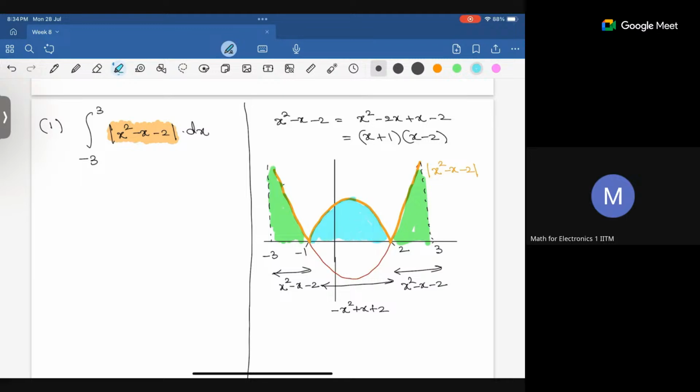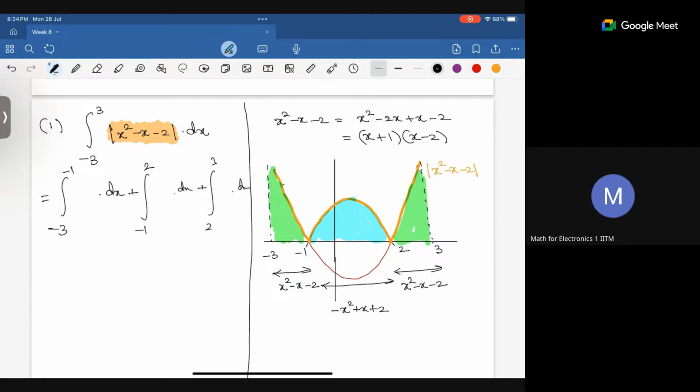And then I will just add all three areas. So that is the plan. Firstly, I will split this integral into -3 to -1 dx, then -1 to 2 dx, and 2 to 3 dx.